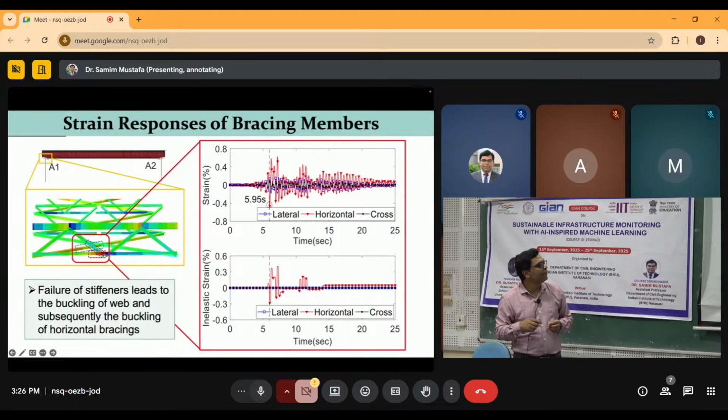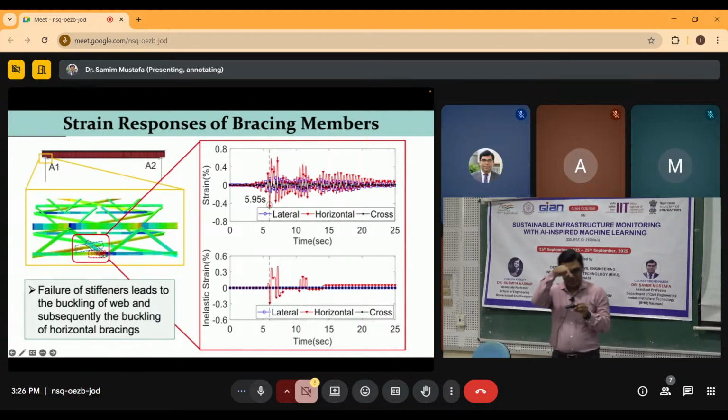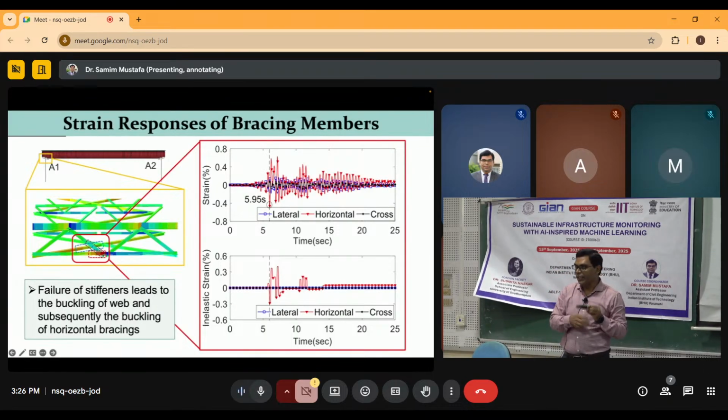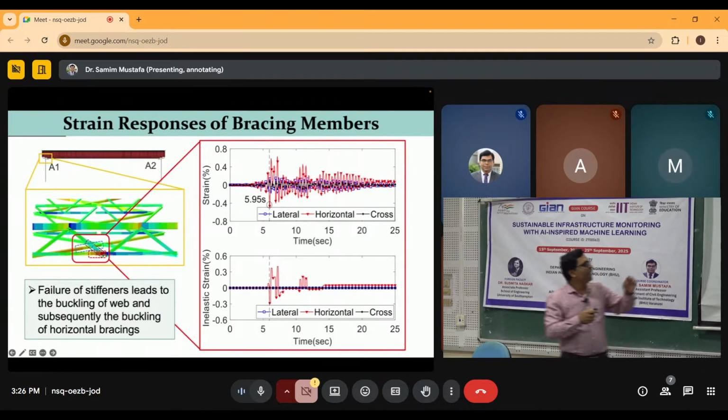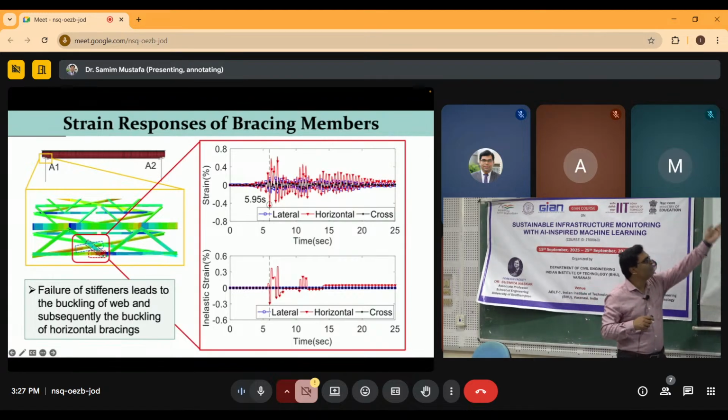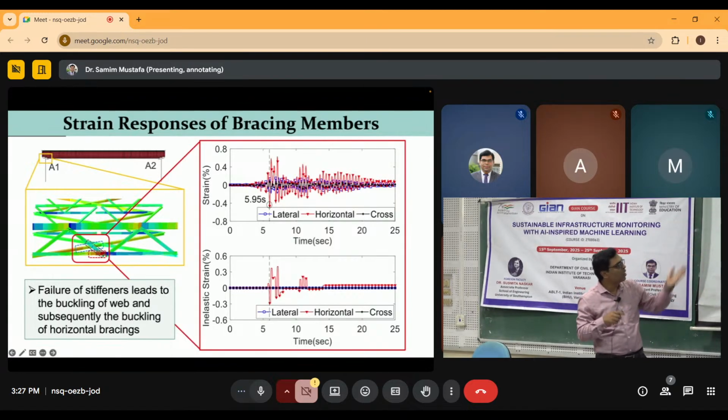We also inspected the bracing member. After the yielding of the bearing stiffener, the bearing stiffeners are connected by bracing members: horizontal bracing, diagonal bracing, cross bracing.